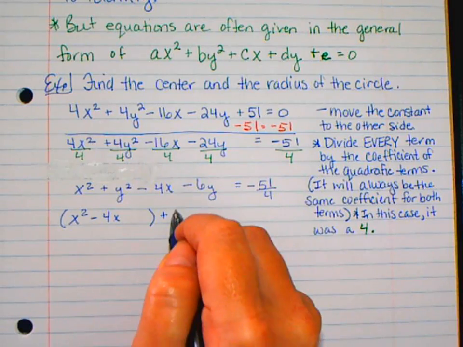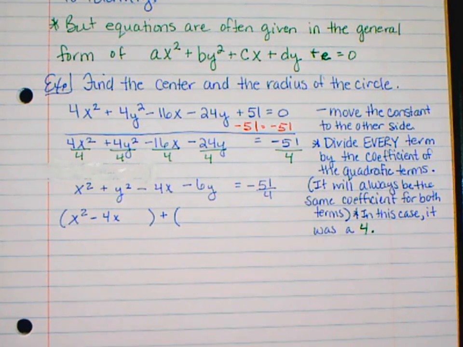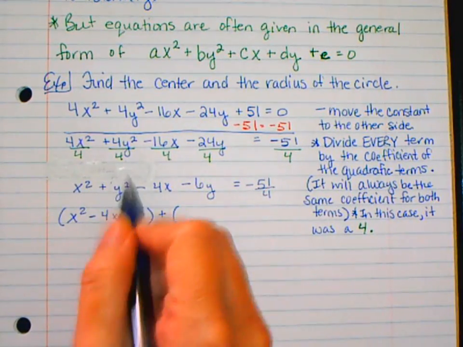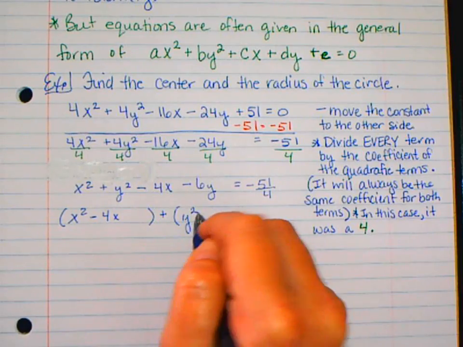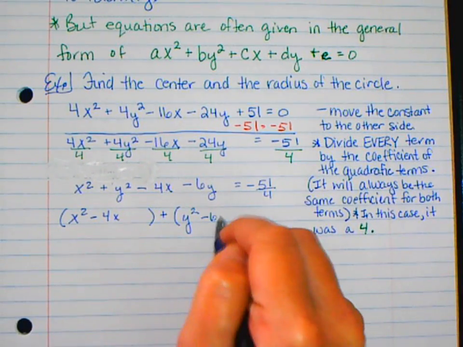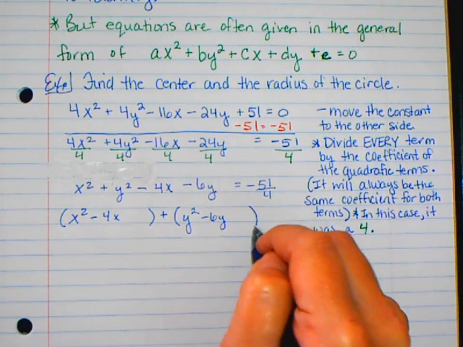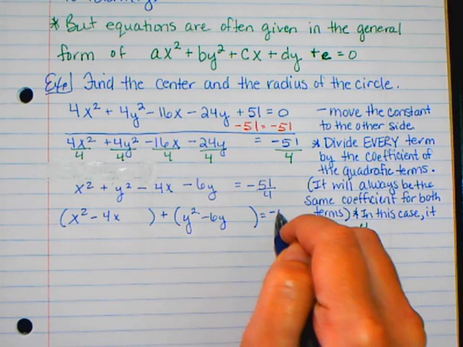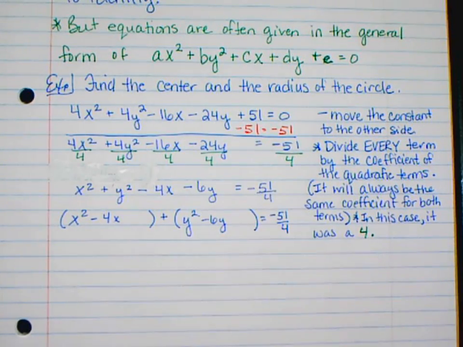Plus, open parentheses, I know, y squared minus 6y. I'm going to leave a space for a constant, equals negative 51/4. Right on, Crouton?